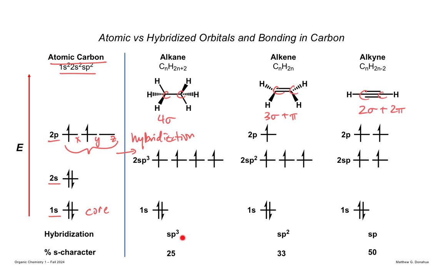There's 4 total orbitals. If you take 1 divided by 4, you get 25. 1 divided by 3, you get 33. And then 1 divided by 2, you get 50. And really, the way that translates is, remember, the s orbital is spherical, the p orbital is dumbbell-shaped. So it just influences sort of the length of the bond and the size, how it looks.